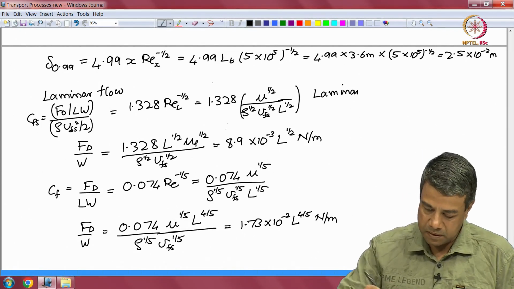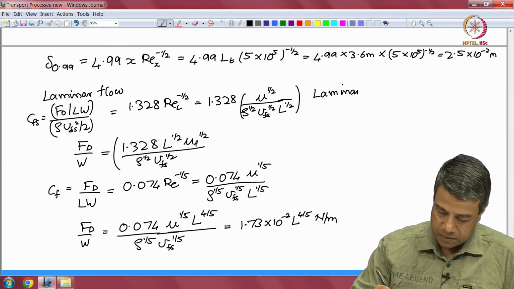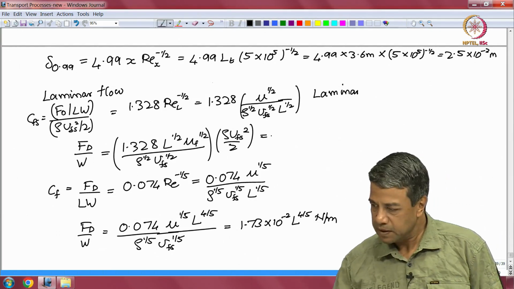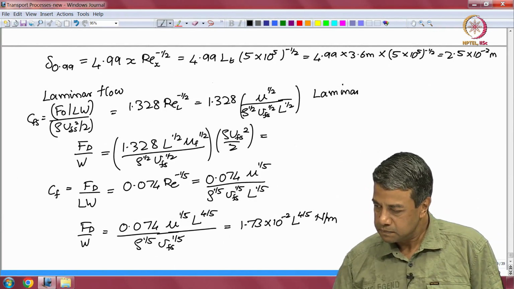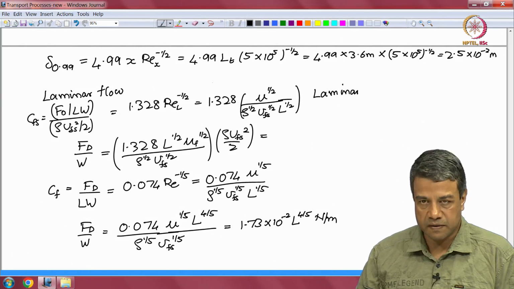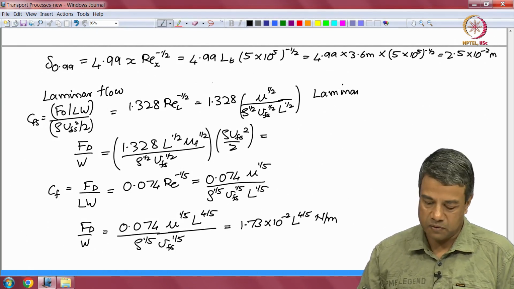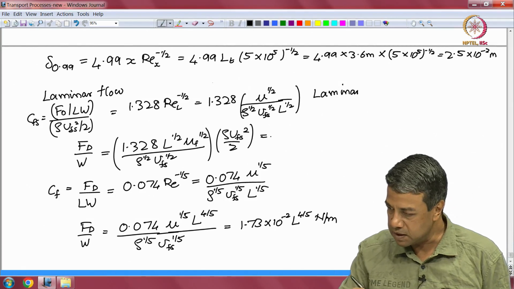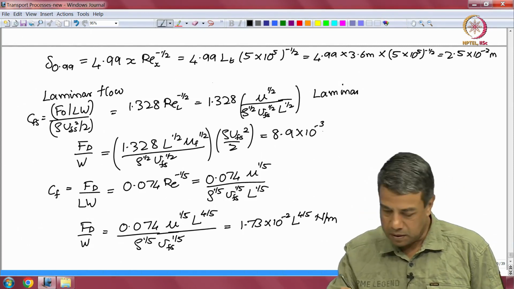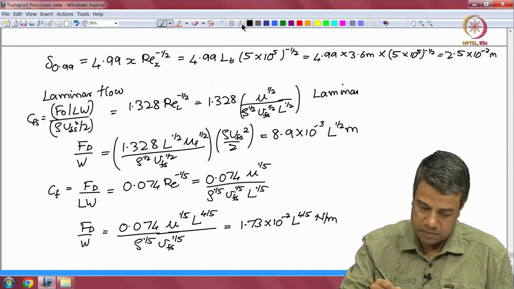Here I have to multiply throughout by this whole thing into rho VFS square by 2. And then, if you put in the numerical values for the viscosity 1.8 into 10 power minus 5 kg per meter per second, velocity 2 meters per second and density 1.25 kg per meter cubed, you will get this as 8.9 into 10 power minus 3 into L to the half, in newtons per meter, I am sorry.